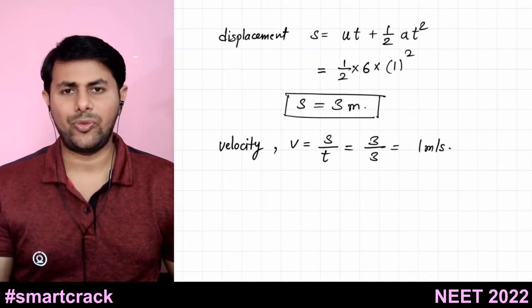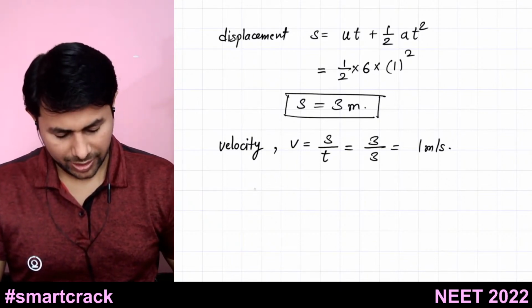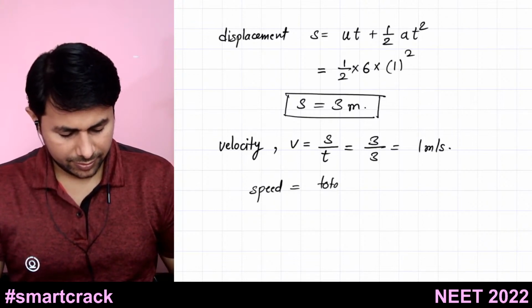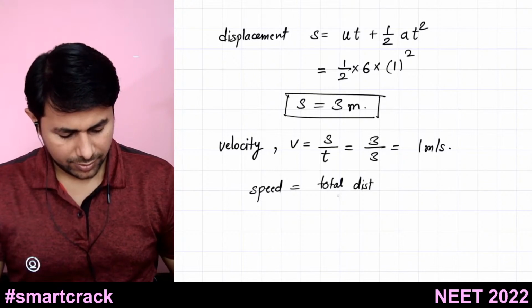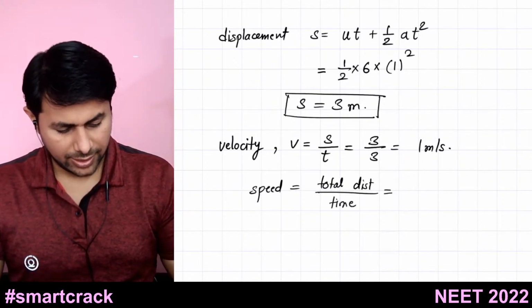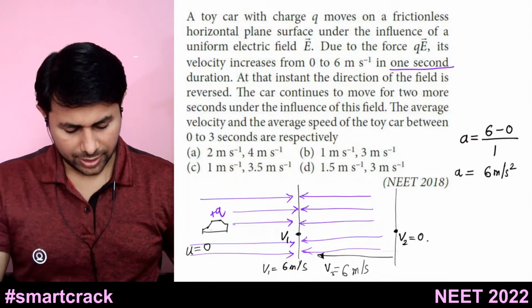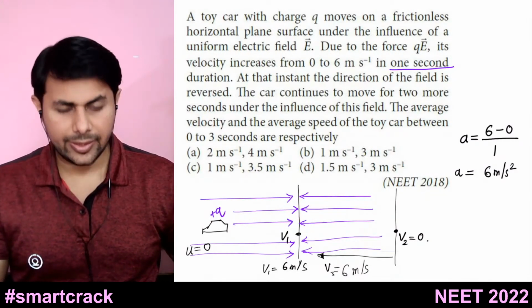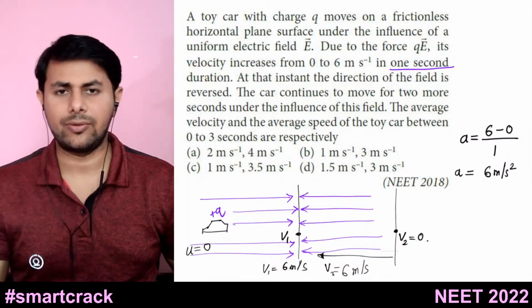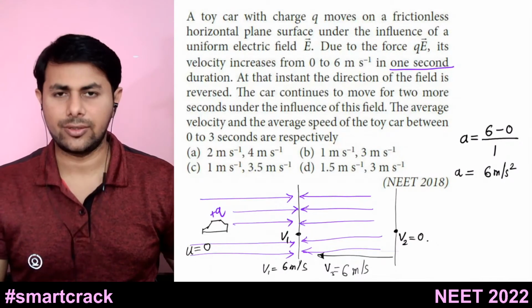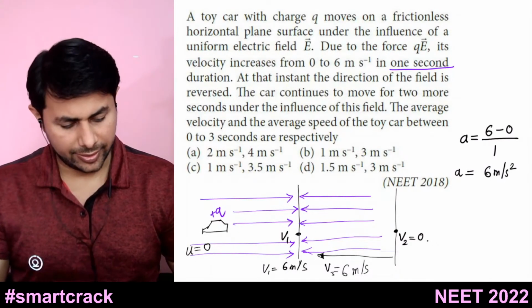But what about the speed? Speed is total distance divided by total time. How much is the total distance? This distance is s plus s, and then it comes back through distance s. So s plus s plus s, 3 times s, right?